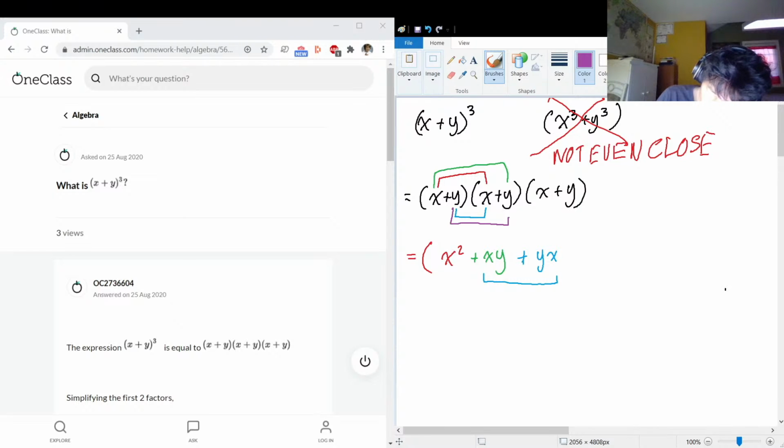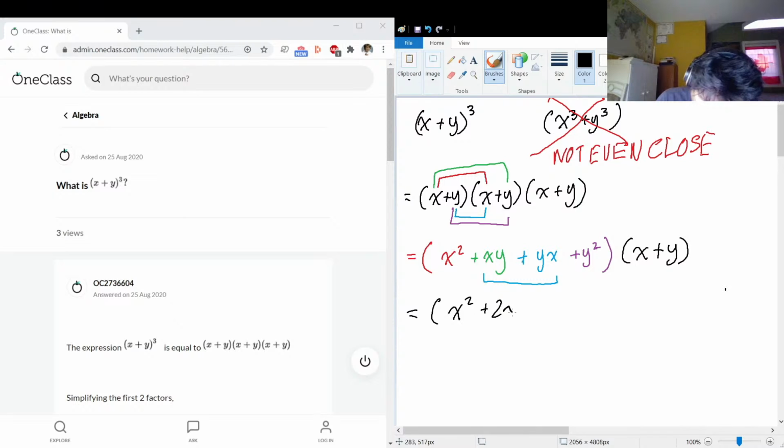Then in purple we have y times y, plus y squared. Keep in mind all of these are positive, so we have positive answers, but if any of those were negative, we might see some negatives in the answer. And (x + y), because we left that there and didn't touch it yet. Let's combine the xy plus the yx. That's just 2xy. So that will be (x squared plus 2xy plus y squared) times (x + y).